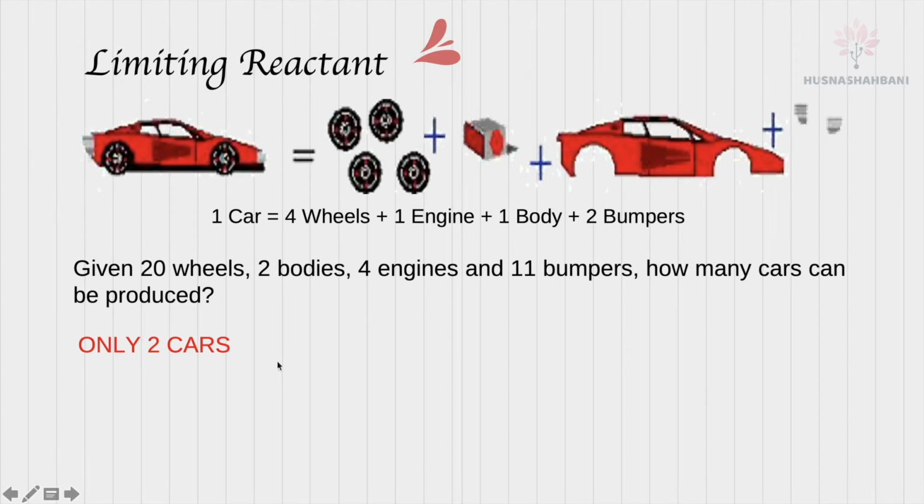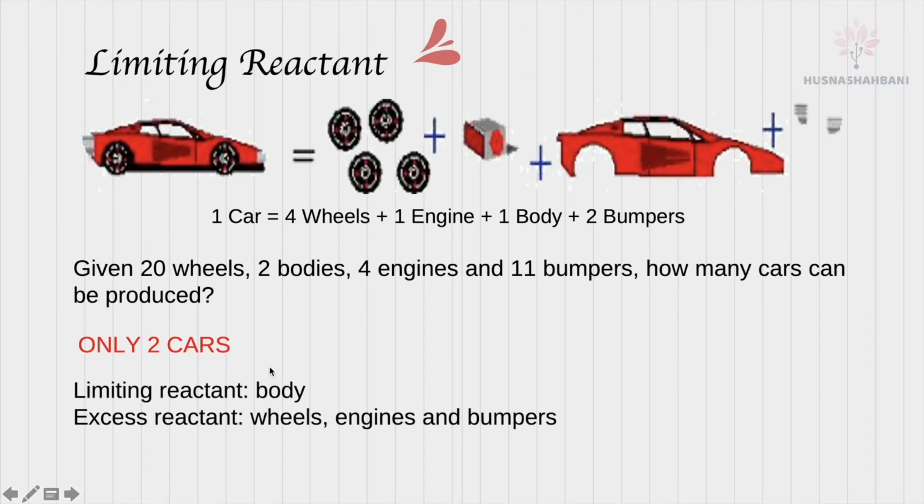Only 2 cars can be produced because the limiting reactant is the body. We only have 2 bodies. Even though we have more wheels, more engines, more bumpers, we only have 2 bodies to produce a car. So the body is the limiting reactant, the reactant that is used up first. Excess reactants are wheels, engines, and bumpers.